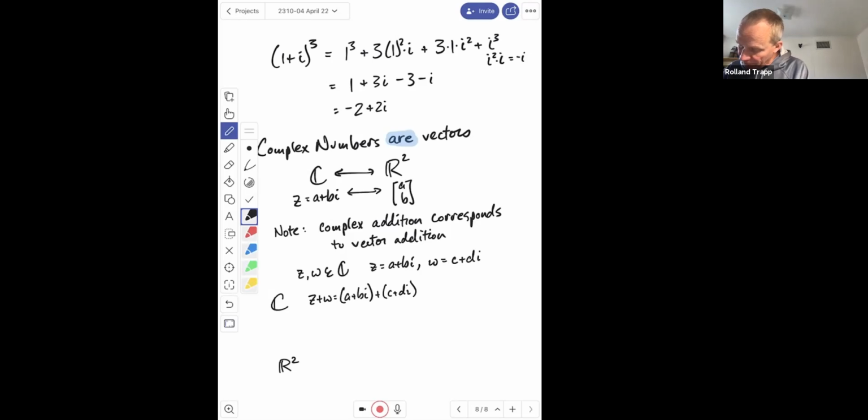And I can find the corresponding vectors separately. So the vector z plus the vector w is going to equal the vector (a, b) plus the vector (c, d).